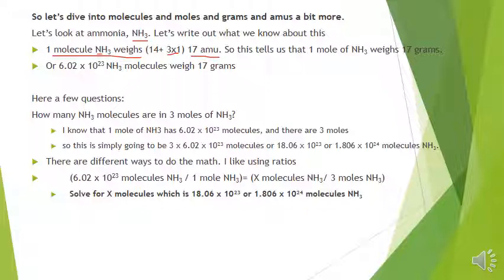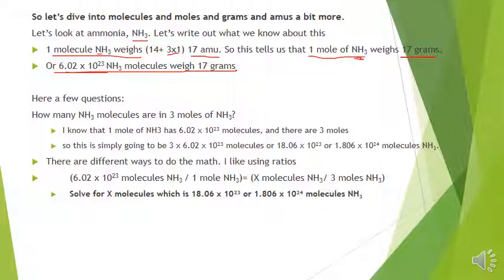That translates to 1 mole of ammonia weighs 17 grams. So if I want to count out 6.02 times 10 to the 23rd molecules of ammonia, I simply weigh out 17 grams of it.